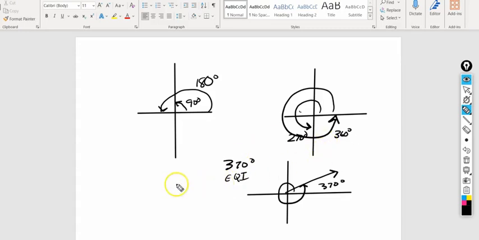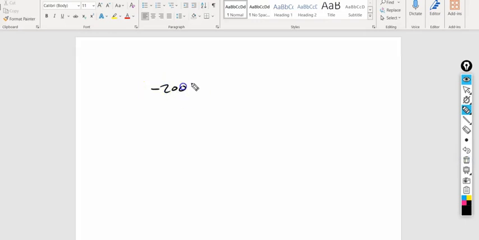Similarly, what would negative 200 degrees look like? Where would that be? Well, it's negative, so we're going to have to go in a clockwise direction.